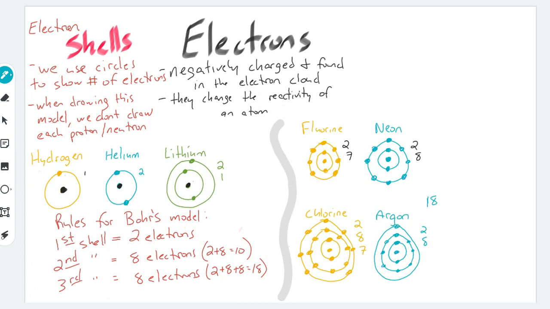And then this is 10, so we can tell between 18 minus 10, there's going to be 8 on this outer one as well. So argon has all 3 rings filled up.